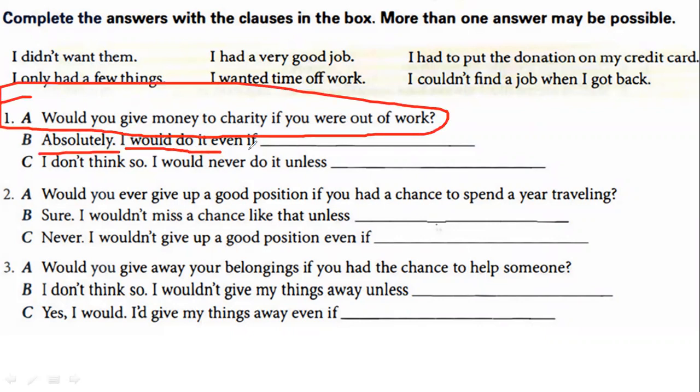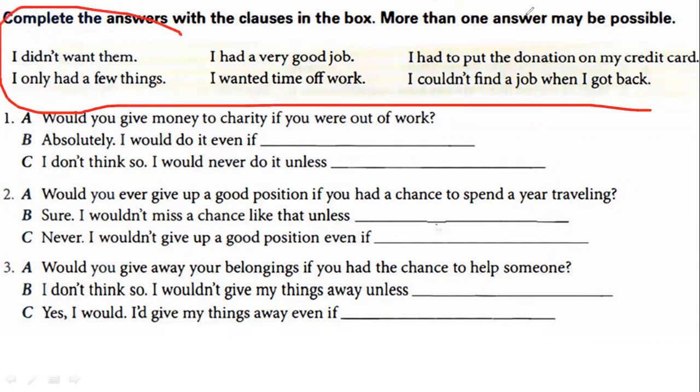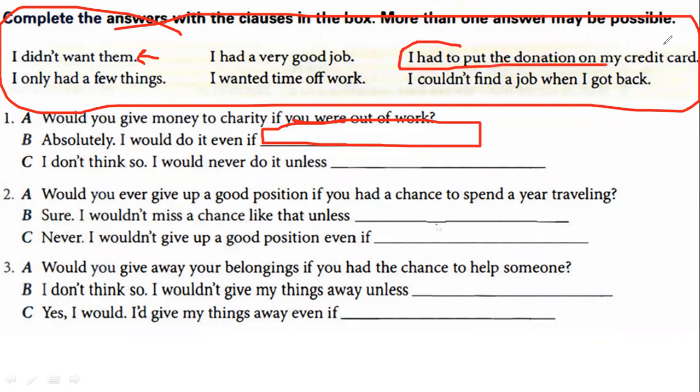I would do it even if. Now, the answer is right here, ladies. What is the answer for this sentence? I have to put the donation on my credit card. That is correct. Perfectly well done.